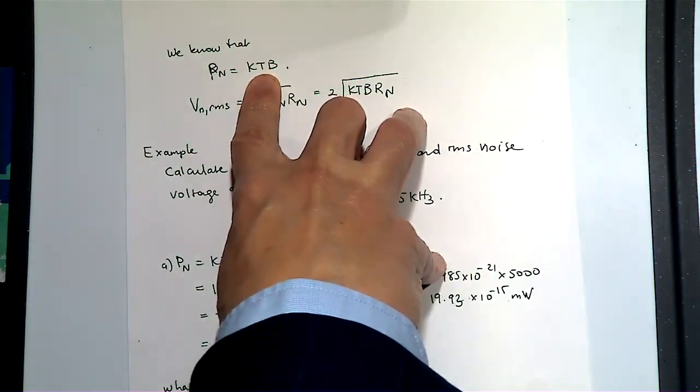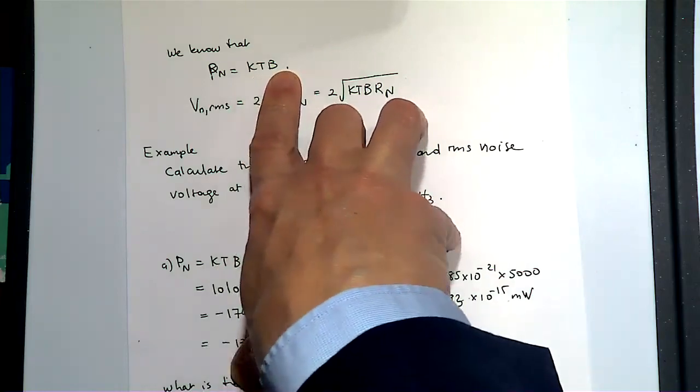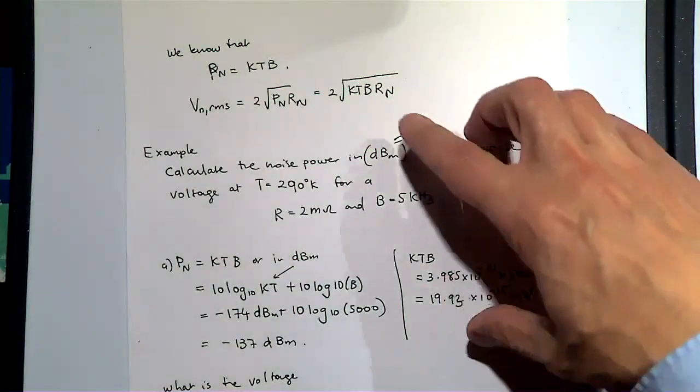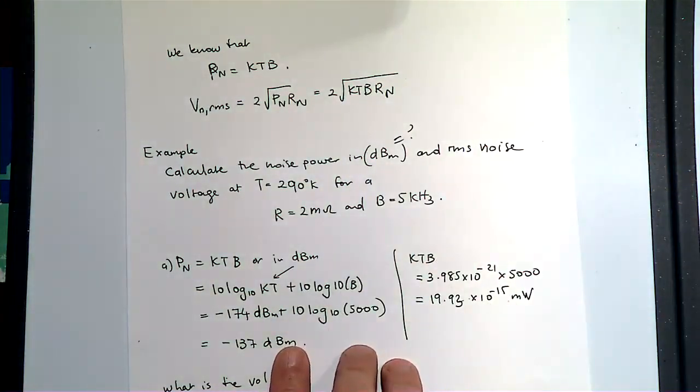Temperature in Kelvin, and B is bandwidth. Fantastic. And I went through the process of describing how, if you had a particular bandwidth and a particular temperature, you work out the effective noise in that bandwidth.